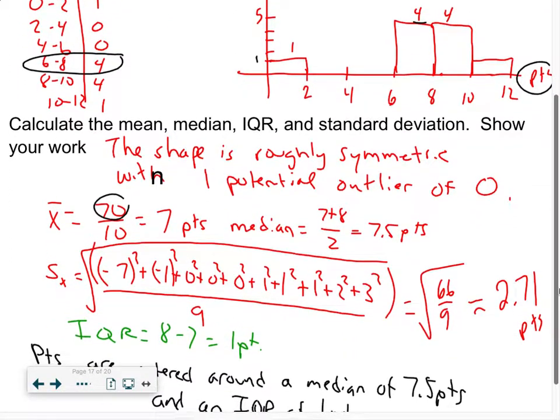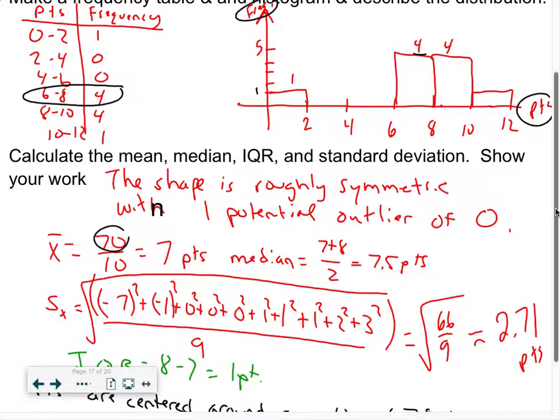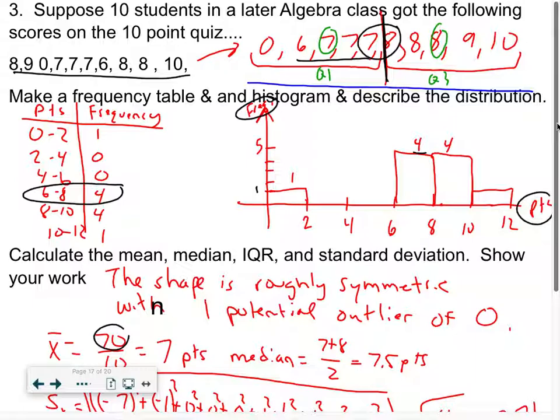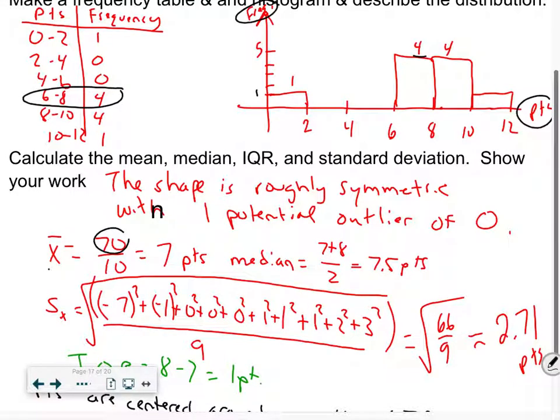For the standard deviation, I have to find all the deviations from the mean and square them. So for instance, if I look at this 0, I take 0 minus 7. That tells me it's 7 below the mean. That's where the negative 7 comes from.